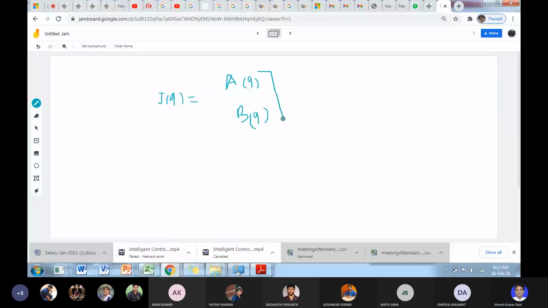It has these 3 rows here and 3 rows here, and if there are n joints, then n columns will be there. Is it clear here?